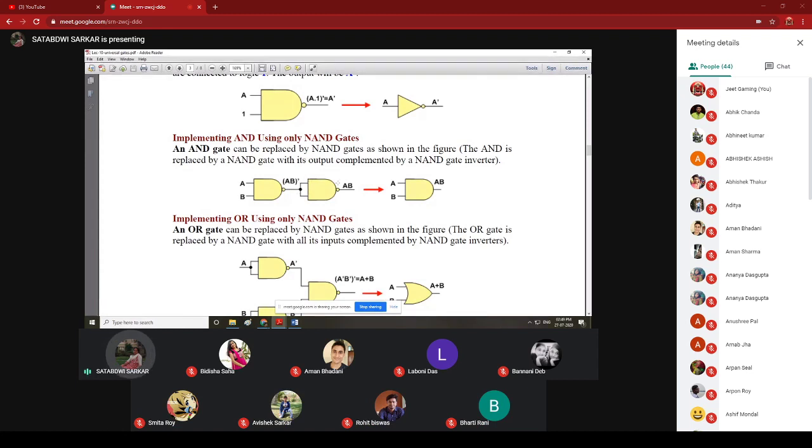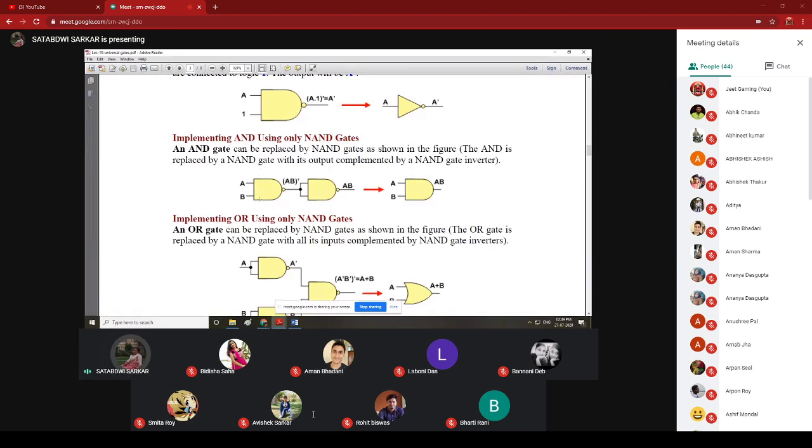Again, if we use another NAND gate and pass this AB complement to both inputs of this gate, then it does the inverter operation here, and the bar or complement is removed, and we get A dot B, that is the AND operation. A dot B, that is A and B, A into B.